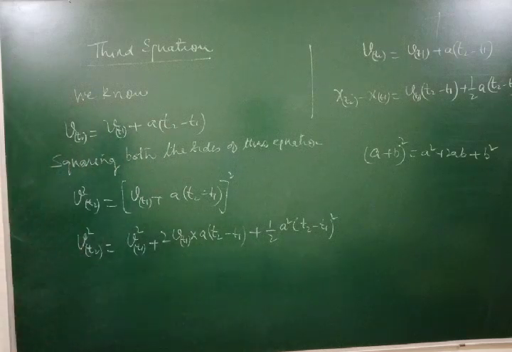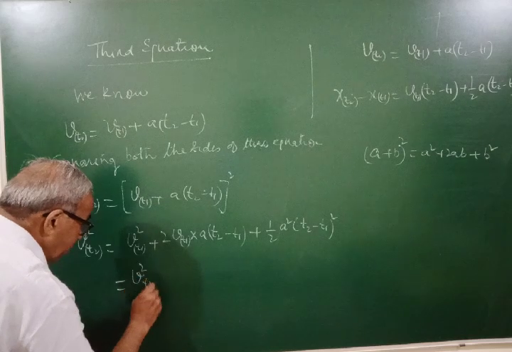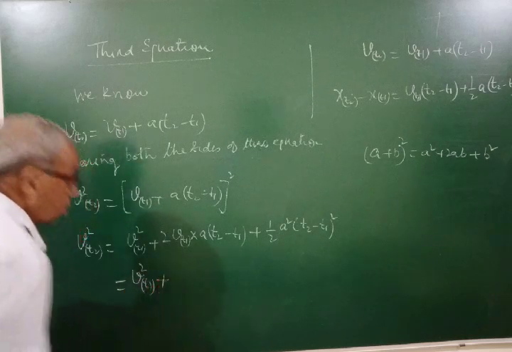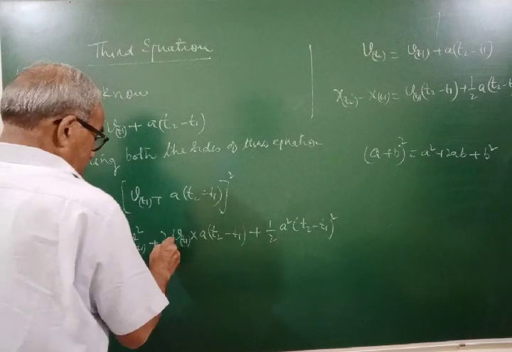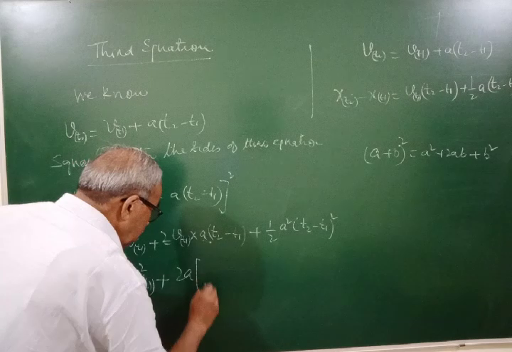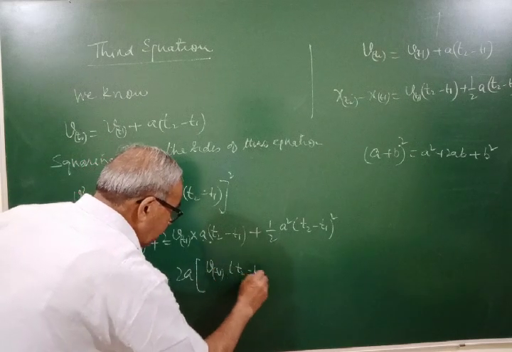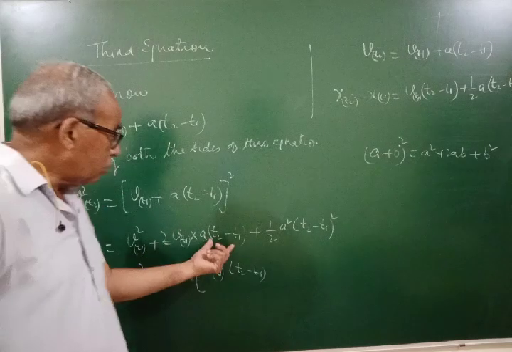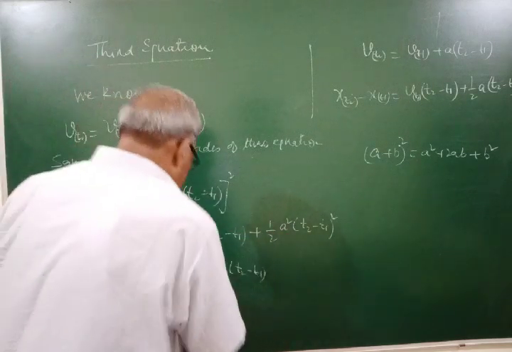This method is simple. How to eliminate t? From here, v square t1, here you can take 2a common. So V(t1) into (t2 minus t1), though (t2 minus t1) is also common, I have not taken it for the sake of simplicity.